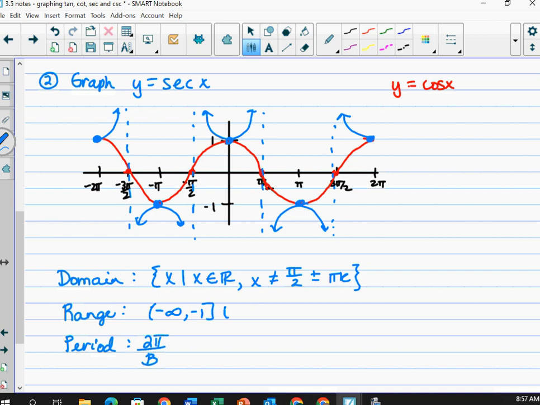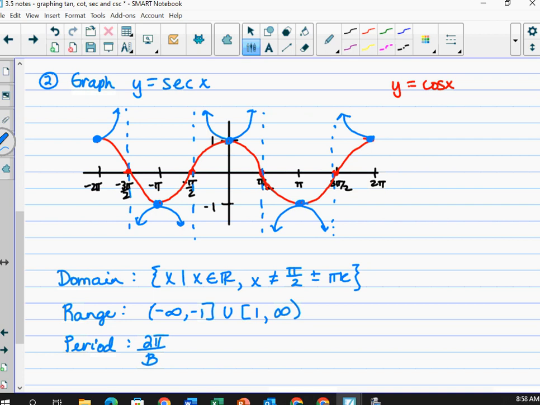And then your range is going to be the same as it was for cosecant. What is missing? Pi k. It's the same as last time. Well, the asymptote's in a different spot, so the pi over 2 is different.